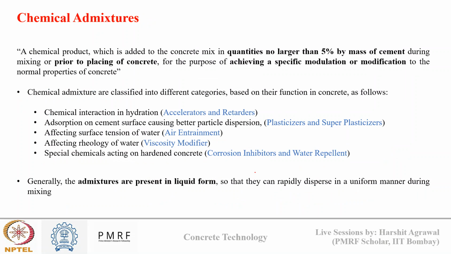Now, admixtures are categorized into two types. We have chemical admixtures and mineral admixtures. Today, we will talk about chemical admixtures. How do we define a chemical admixture? It is basically a chemical product which is added to the concrete mix in quantities no larger than 5% by mass of cement. This is the limit of how much admixture we use.